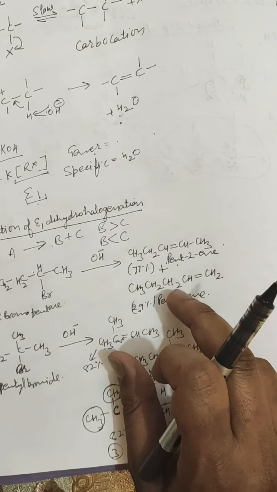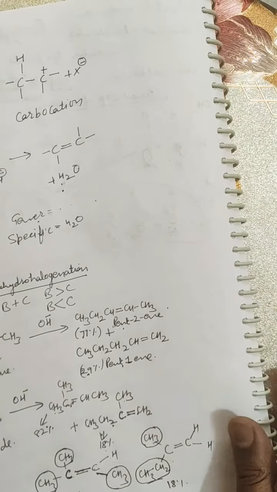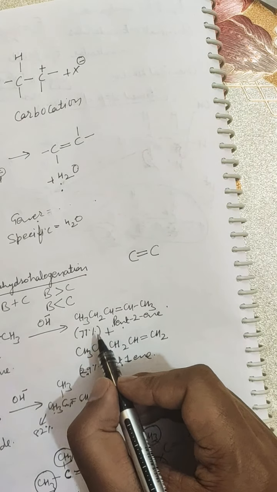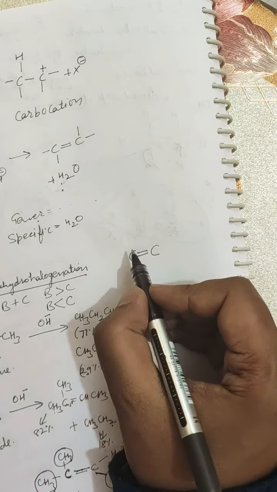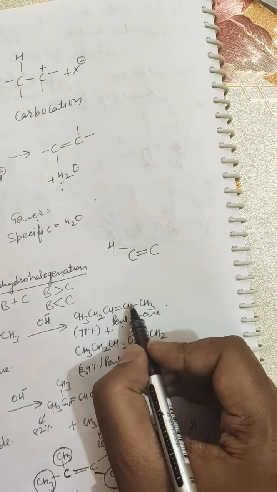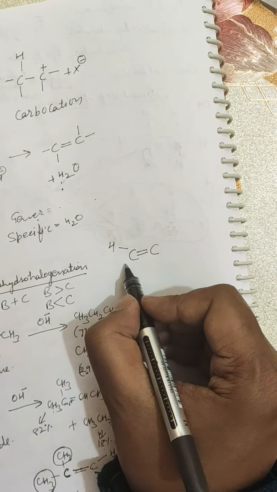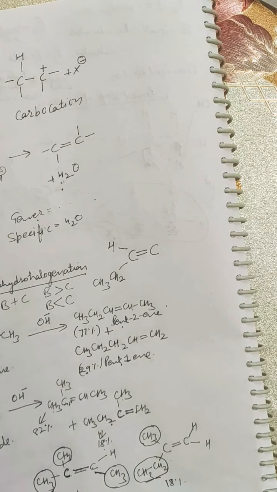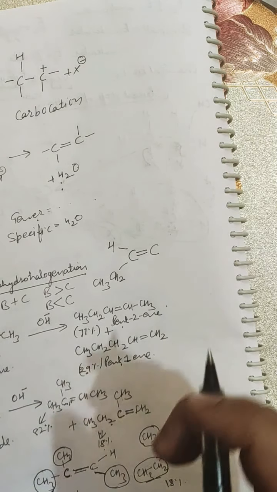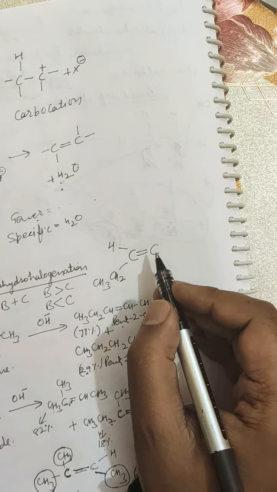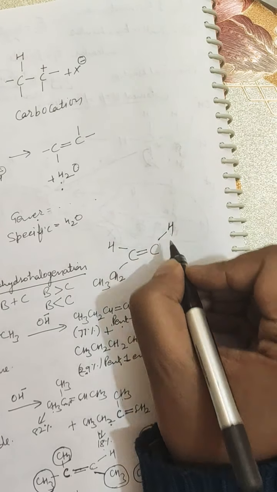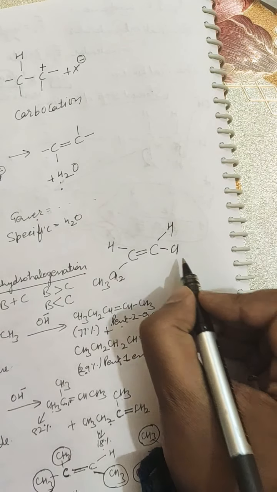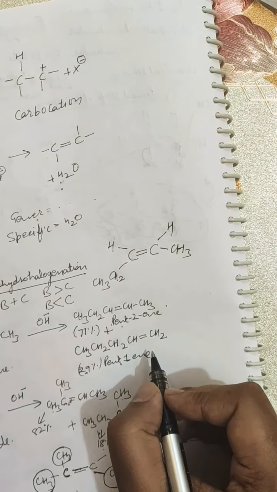So let me write here also in detail that these are the doubly bonded carbons for this 71% concentration product, and there is one hydrogen, this hydrogen, and this is the alkyl group. And here also this hydrogen, and further this is the methyl group.